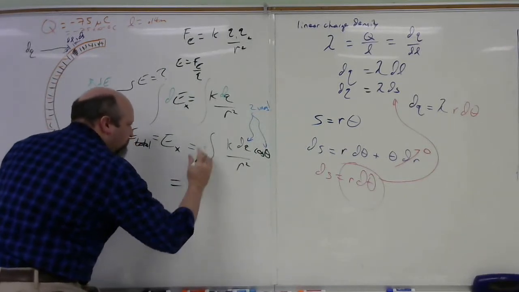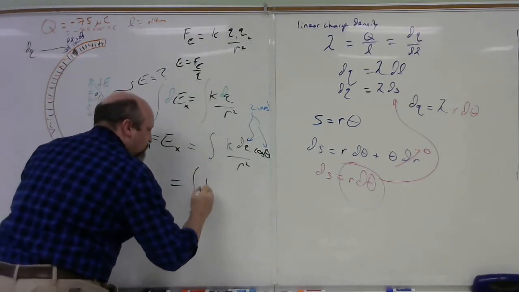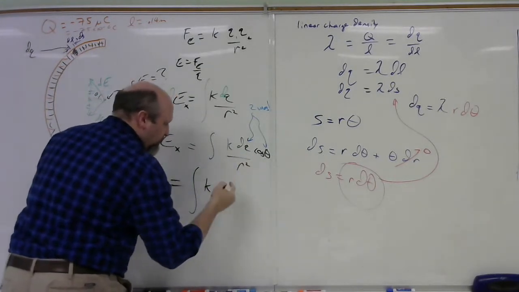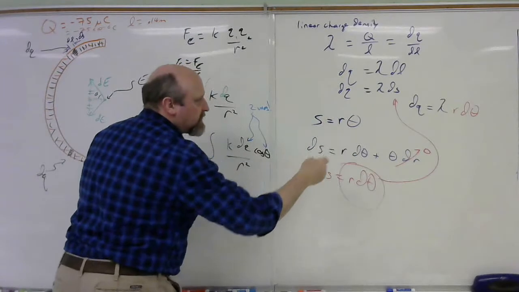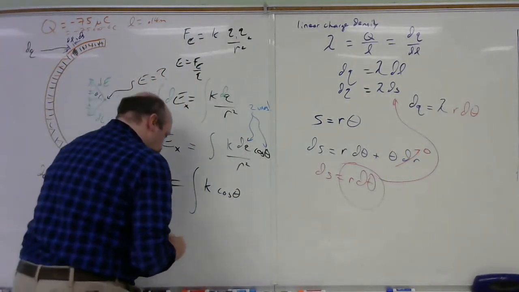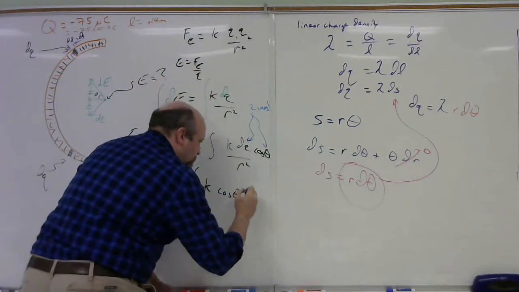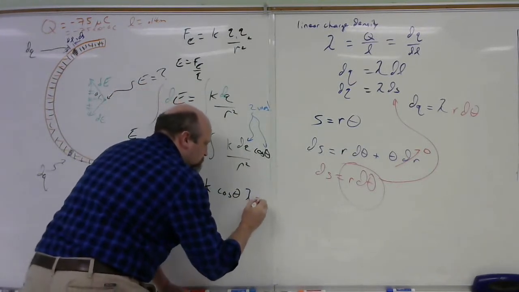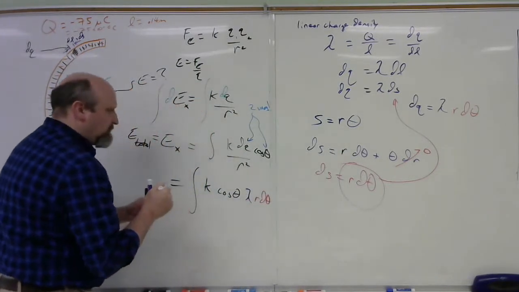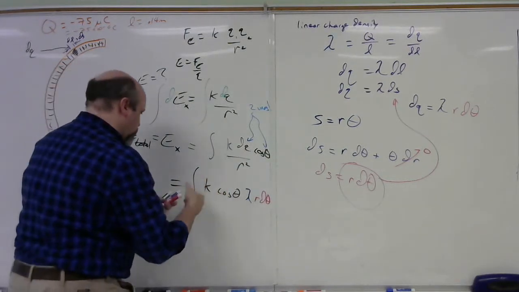So my E field now is going to be my integral of k, and I'm going to push that cosine theta there. dq is going to become lambda r d theta. Here my denominator was r squared.